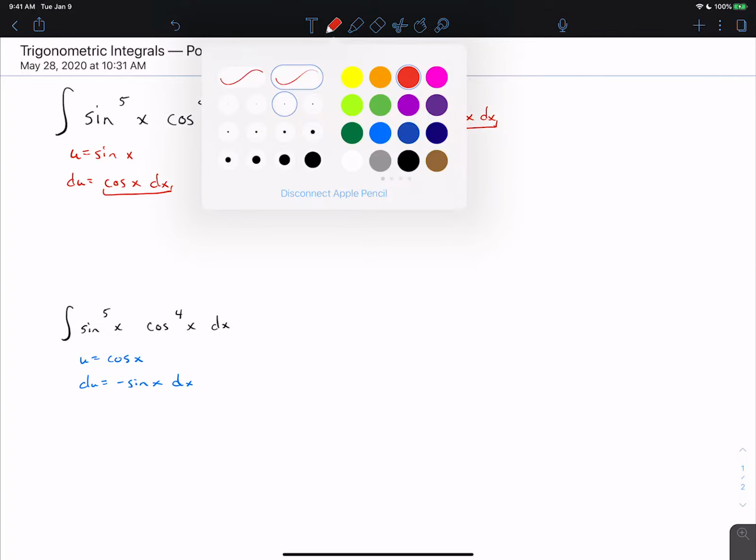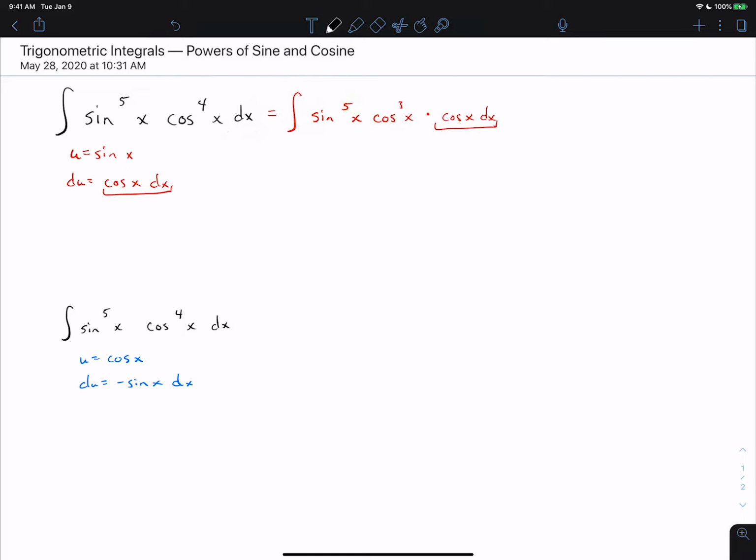Now we need to rewrite everything in terms of sine because u was equal to sine over on the left. We can use the identity from trig that sine squared plus cosine squared is 1 to rewrite any power of sine in terms of cosine, and it will let you rewrite any power of cosine in terms of sine.